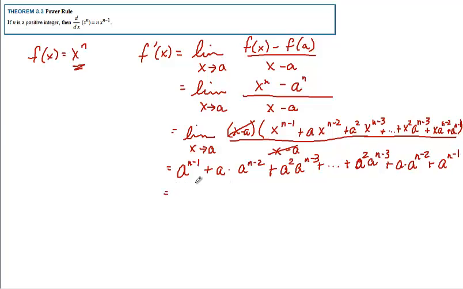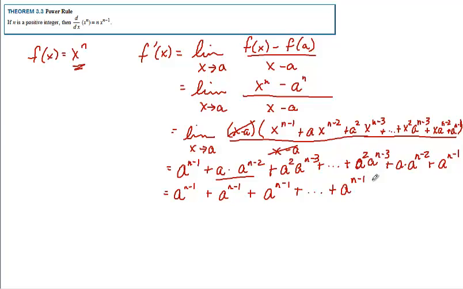Nice. Combining like terms, a to the n minus 1 plus a to the n minus 1 plus, because I'm adding exponents when I'm multiplying, that's a to the n minus 1. Isn't that cool? And whatever I did in the middle there, they would all be a to the n minus 1 as well.